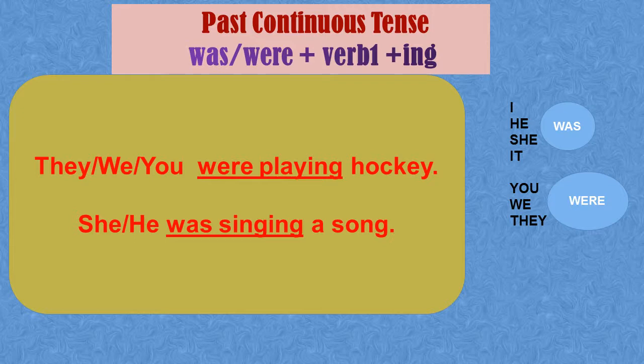Students, remember, with first person and third person singular like I, he, she, it, we use was. And with first, second and third person plural like you, we, they, we use were.